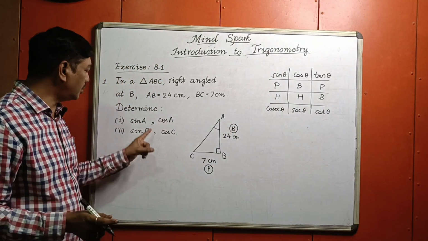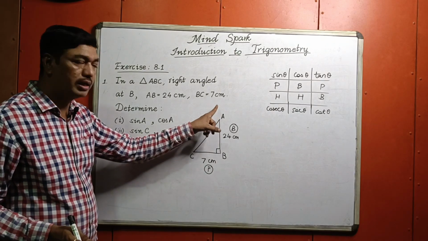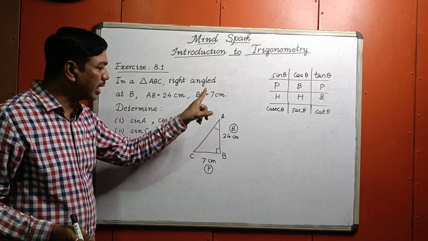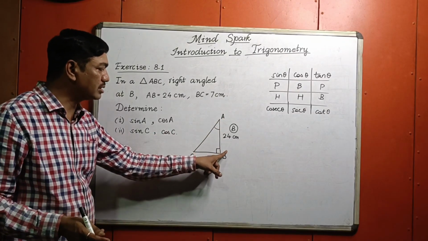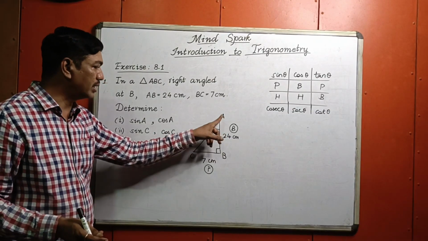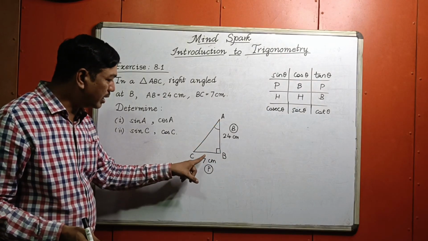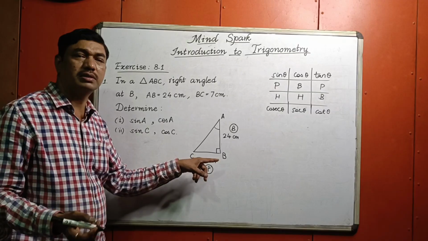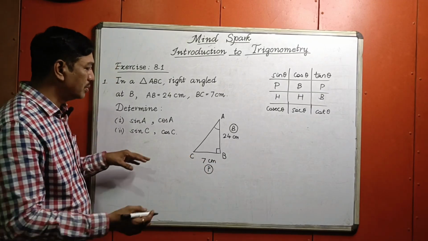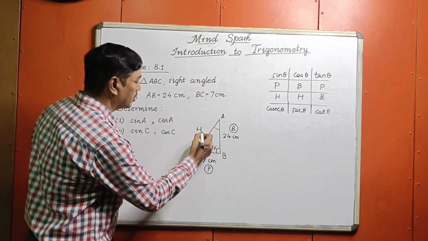When they ask about angle A, sin A means you have to concentrate on angle A. Near to the angle, again I am repeating, is your adjacent side or the base, that is AB is near to angle A. Then opposite to angle A is BC, your opposite side, or we can call it perpendicular. And opposite to 90 degree is your hypotenuse.